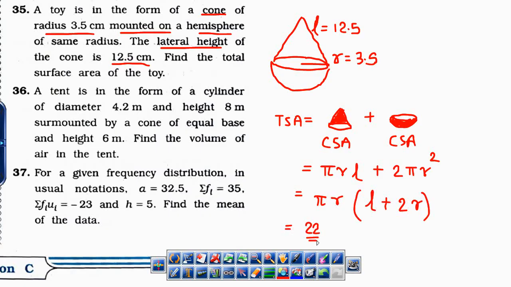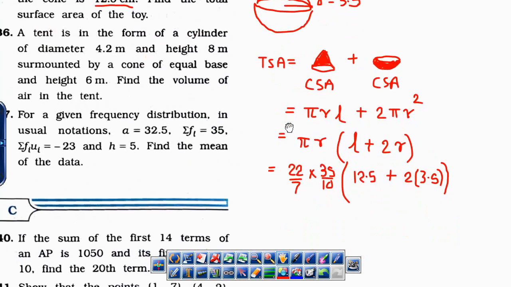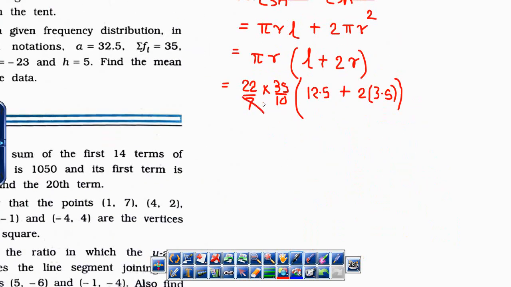Pi 22 by 7, radius 3.5 means 35 by 10, L 12.5 plus 2 into r is 3.5. 7 and 35 cut, 5 left, 5 and 10 cut, 2 left, 2 and 22 cut, 11 left. Outside the bracket 11 and 12.5 plus 2 into 3.5 is 7, 11 into 19.5.